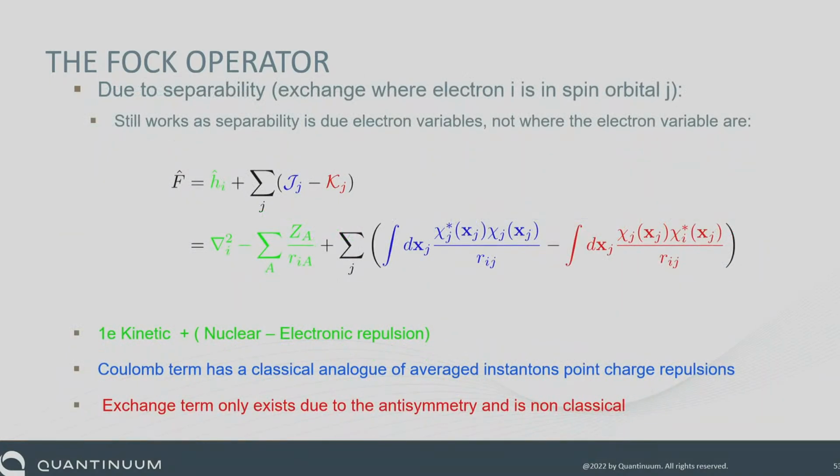So we can then take the Hartree-Fock molecular operator, and because it's a one electron operator, we can then use the same trick of using separable differential equations, and we can solve a single electron picture. And this gives us what's known as the Fock operator.